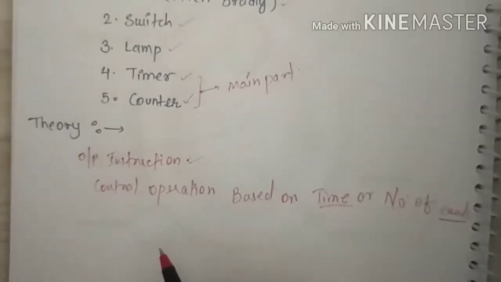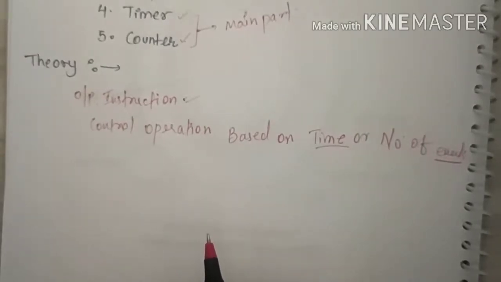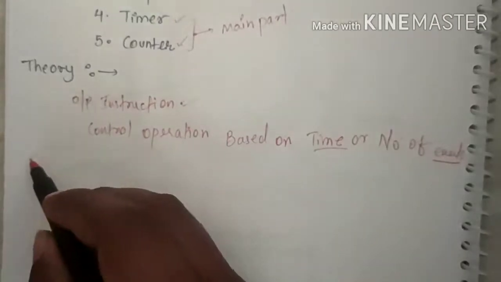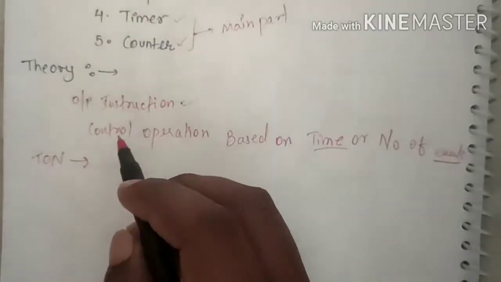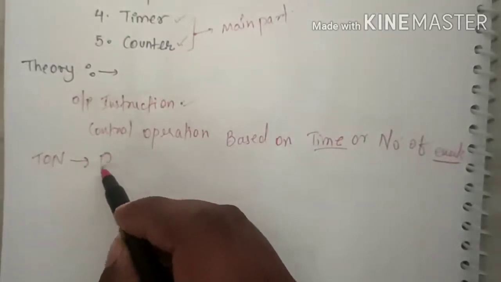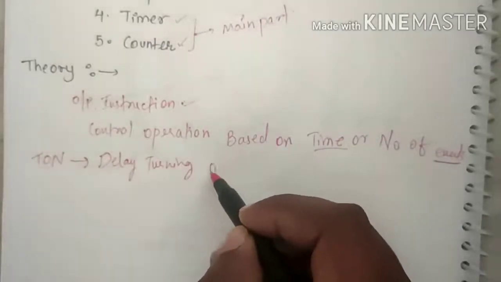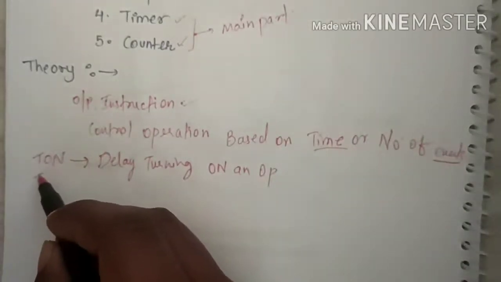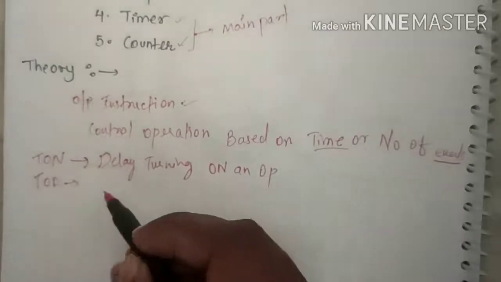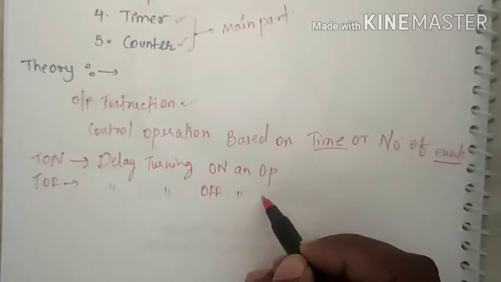Now we will be indicating this timer and counter with the help of some instructions. If I am denoting TON, it represents delay turning on an output. Similarly TOF is denoted by delay turning off an output.